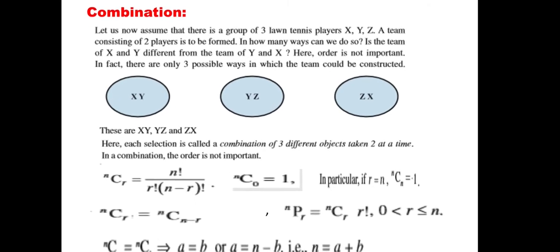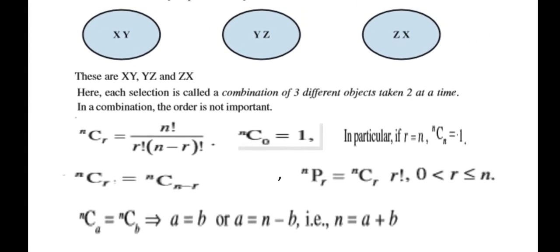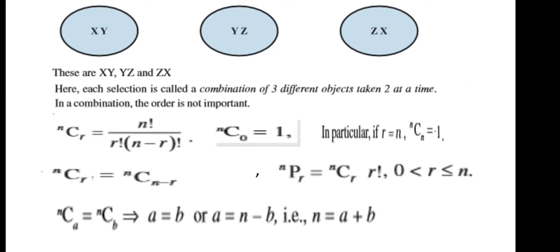Students, there is a formula for finding the combination of n things taken r at a time. You can see that nCr equals factorial n by factorial r into factorial n minus r, and the value of nC0 will be 1 and nCn also equals 1.